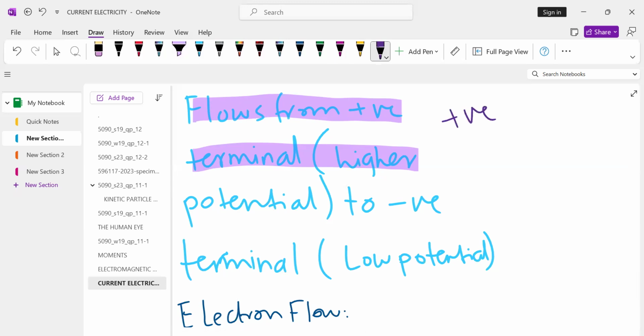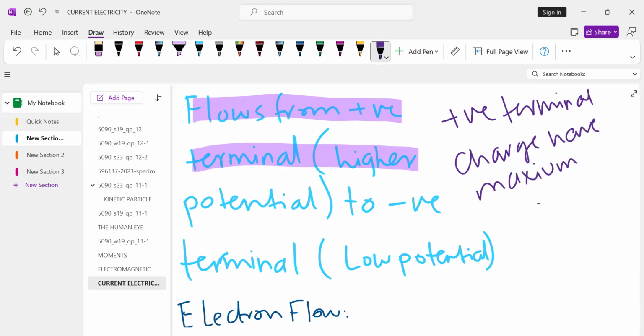So at the positive terminal, charge has maximum energy. However, at the negative terminal, or you can say the lower potential, charge has minimum energy.